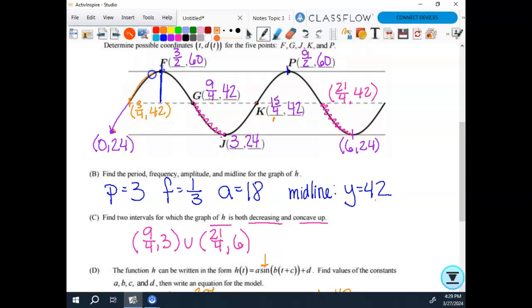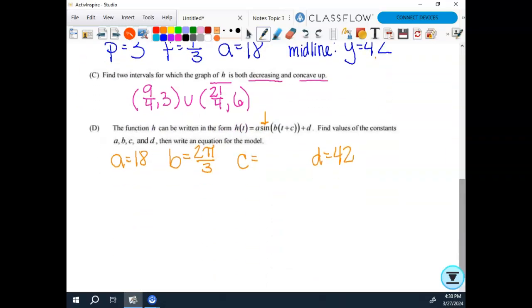And this is where sine starts, like this. Okay? My parent function for sine looks like this. This one is starting to the right, 3/4. That means I have to shift it to the right. So this would be t minus 3/4 because this says x plus c. So this is going to be a negative 3/4.